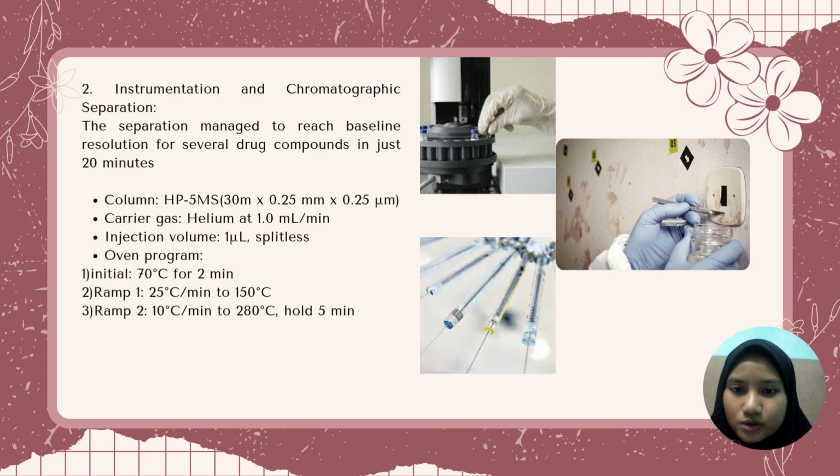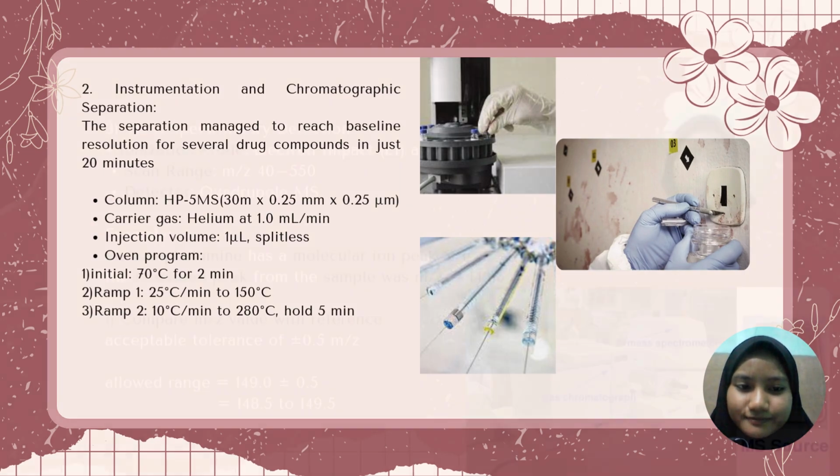The injection volume is 1 microliter, split. For the oven program, the initial temperature is 70 degrees Celsius for 2 minutes, and for ramp 1, 25 degrees Celsius per minute to 150 degrees Celsius. For ramp 2, 10 degrees Celsius per minute to 280 degrees Celsius, which is held for 5 minutes.